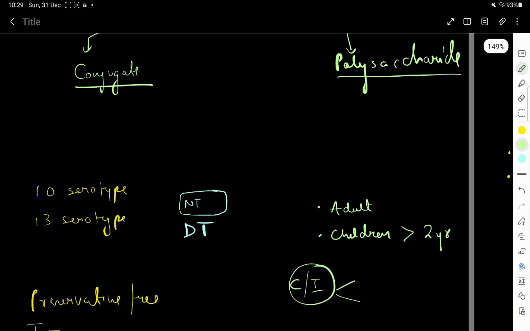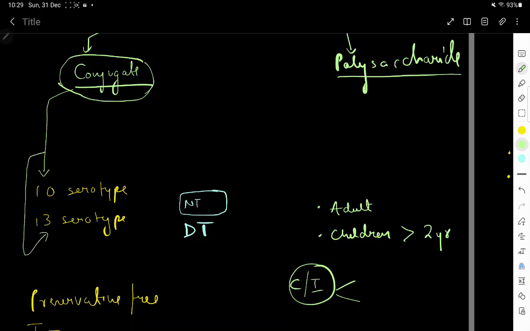Going on to the conjugate vaccine first. By the term conjugation we understand that pneumococcus is being conjugated with something. Here we use either the 10 most commonly occurring serotypes or the 13 most commonly occurring serotypes of Streptococcus pneumoniae, and we conjugate these serotypes with a non-toxic strain of diphtheria toxin.